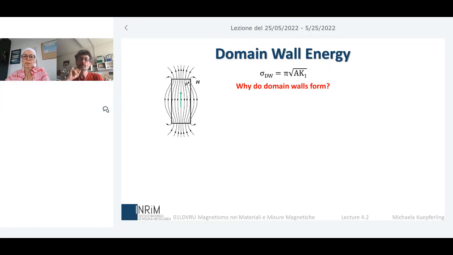We only calculated, of course, the domain wall energy now, but overall your material has other energy terms. And the most important one, which explains why domains form, is the magnetostatic energy. As we saw several times already in the lectures, if you have a magnetic material which is uniformly magnetized, then you will have a strong magnetostatic field outside, and inside this will be manifested as the so-called demagnetizing field.